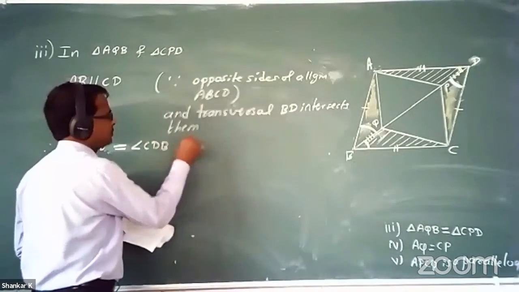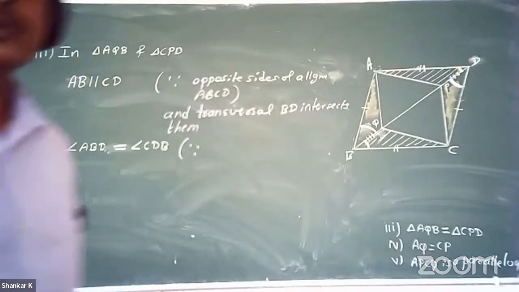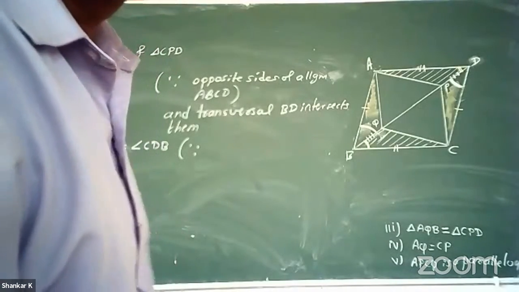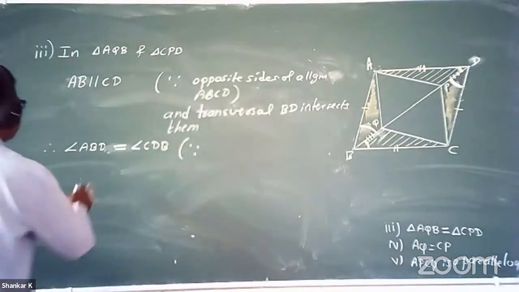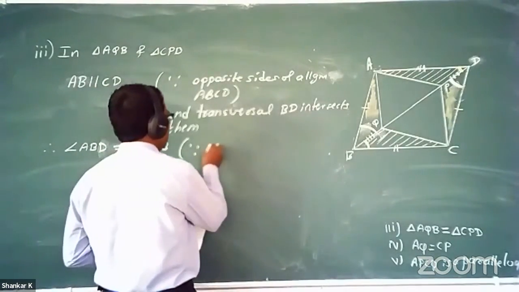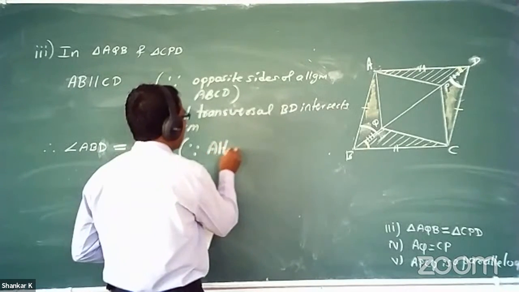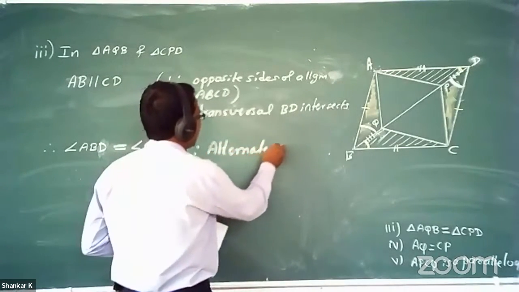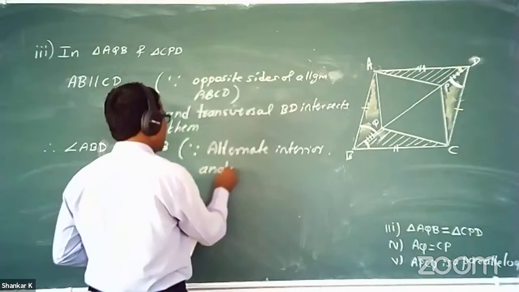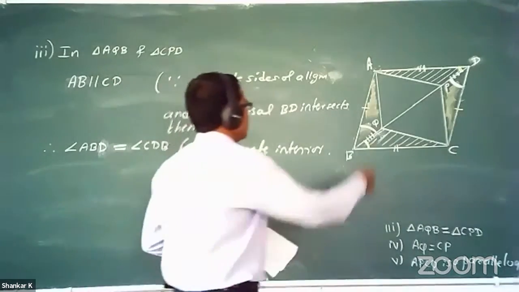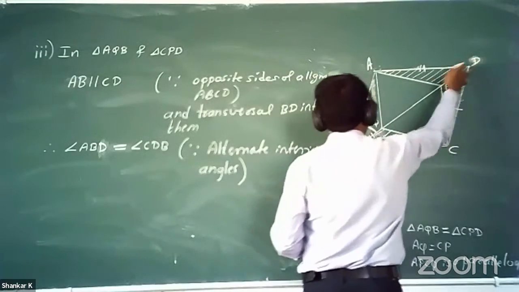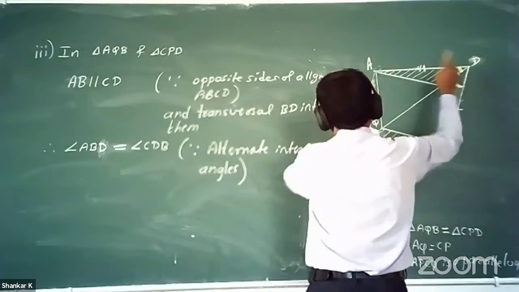Why? Because ABD equal to CDB, alternate interior angles. These are alternate interior angles, ABD, this one, then CDB, this one. That's all.